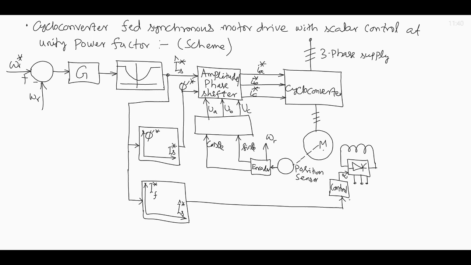And these U A, U B, U C are generated from the unit vector signals cos theta e and sin theta e that come from the encoder. This is the scheme of the cycloconverter controlled for unity power factor.